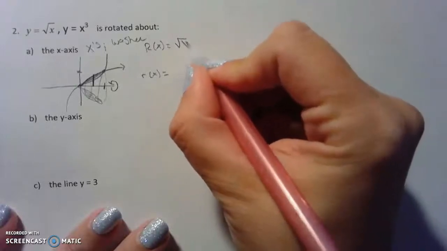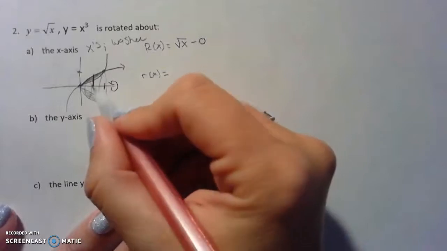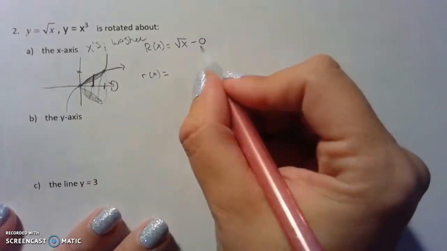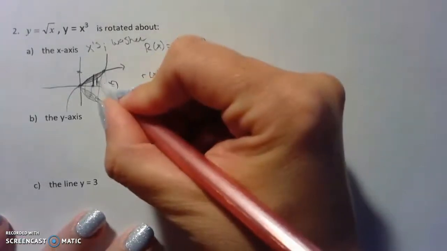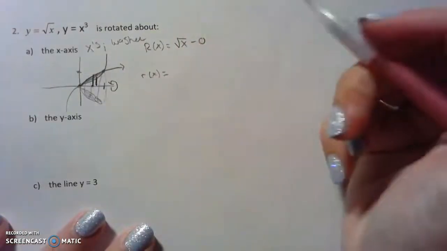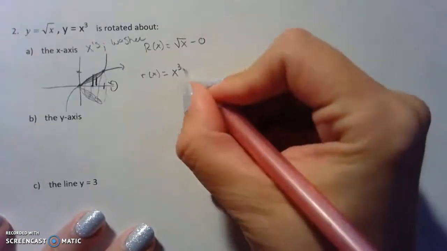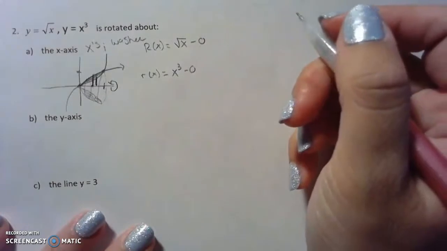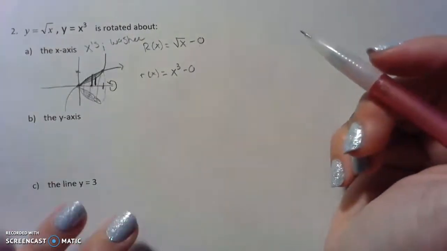So this is square root of x, and if you want to put the minus 0 for the distance from this axis to itself, that's the minus 0. My inner radius, that's going to be the distance to this inside piece. That's my x cubed. So the x cubed minus 0. This is just going to give me square root of x. This is just going to be x cubed.